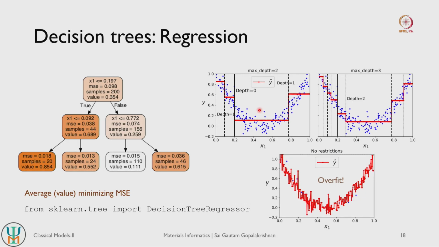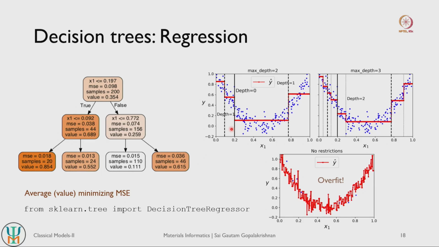It will try to minimize the mean squared error for all the data points within a certain bin. It will assign one value per bin, and as you keep increasing the depth of the decision tree, it will create more and more splits such that it minimizes the mean squared errors within your data set.